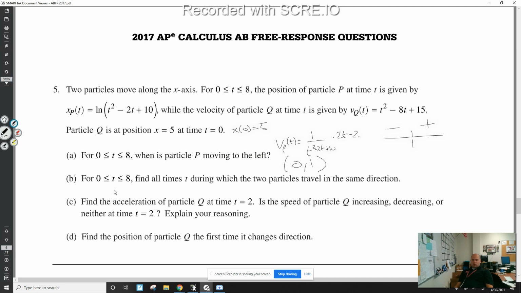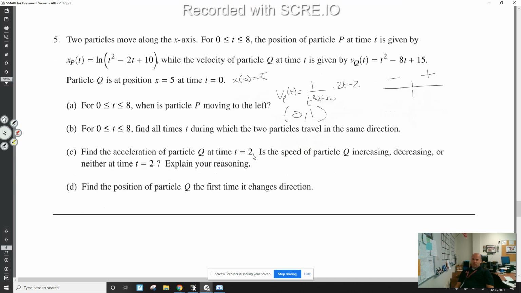Find when the particles are moving in the same direction. Oh, man. You'd have to get question A right to get question B right. This is the velocity of P. You need to analyze the velocity of Q. This is Q's velocity. It can be factored: t minus 5, t minus 3. So we got 3 and 5. Positive, negative, positive.